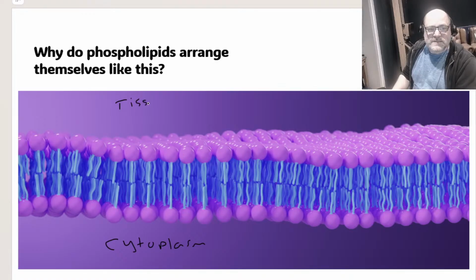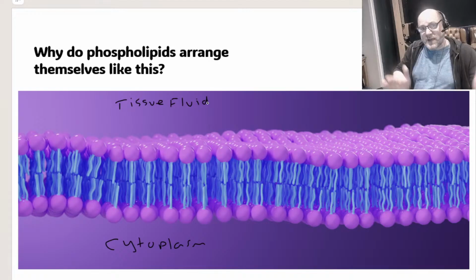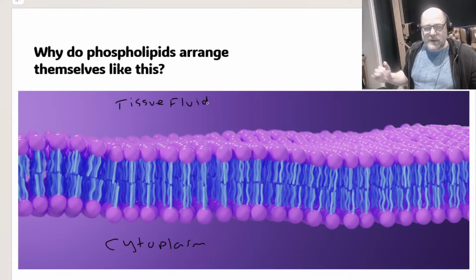Well, your cells are bathed in tissue fluid, so there is a liquid around your cells. Of course, we're not insects, so we don't have open blood. Our blood is in a closed circulatory system. It's in our veins, arteries, capillaries, venules, arterioles. It's in the blood vessels. But we do have tissue fluid around our cells, and that's mainly H2O as well.